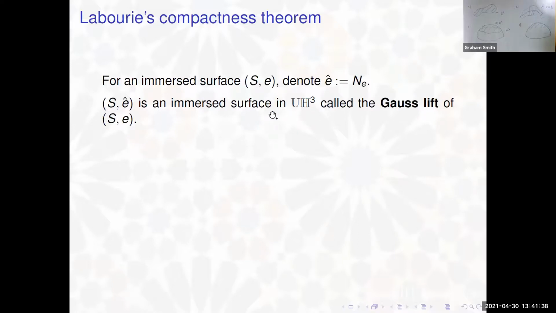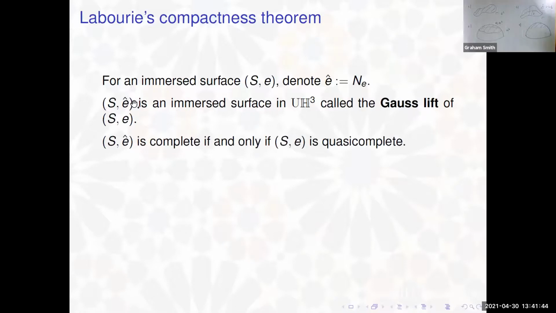Now Francois shows compactness results for surfaces of this form, for surfaces which are Gauss lifts of K surfaces. Well, the first thing we observe is that the Gauss lift is trivially complete if and only if my initial surface is quasi-complete, which is good because K surfaces are quasi-complete.